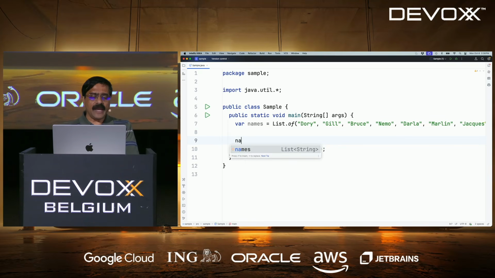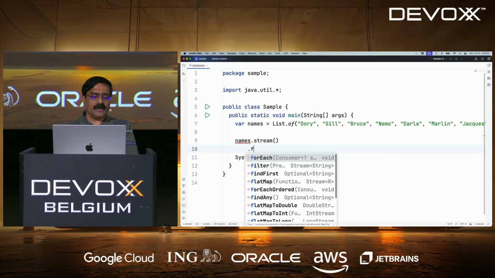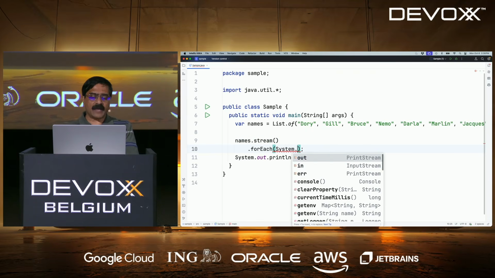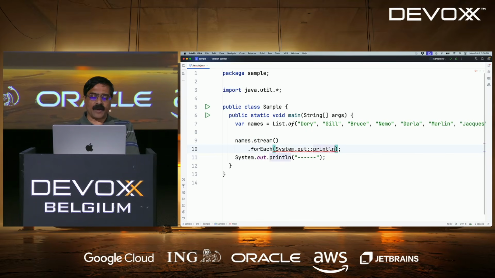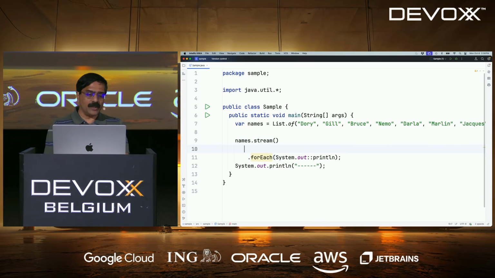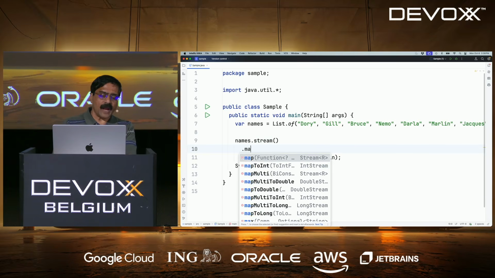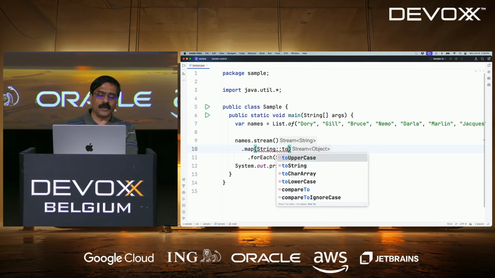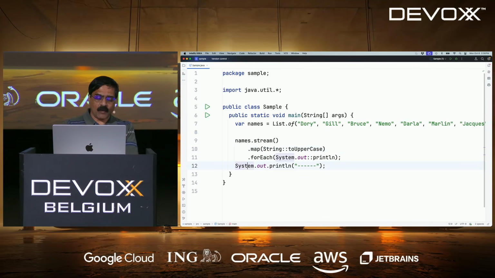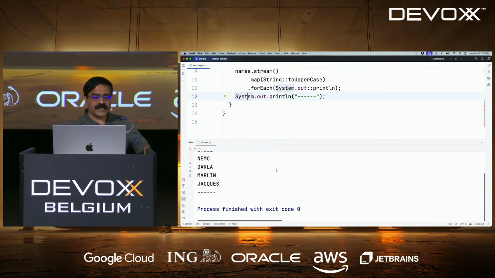So names.stream.forEach System.out.println on it. But within this, we'll do a dot map, and the map is going to be String::toUpperCase. So I want to convert it to uppercase, and I want to print it. So as you can see, all the names are being printed in uppercase.